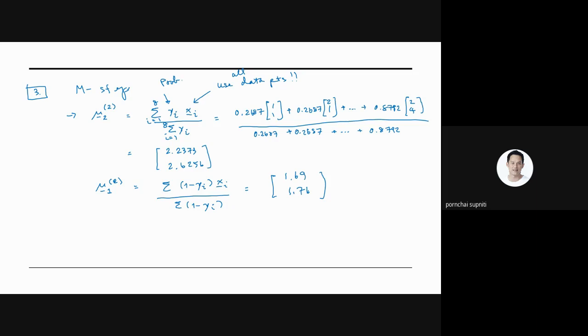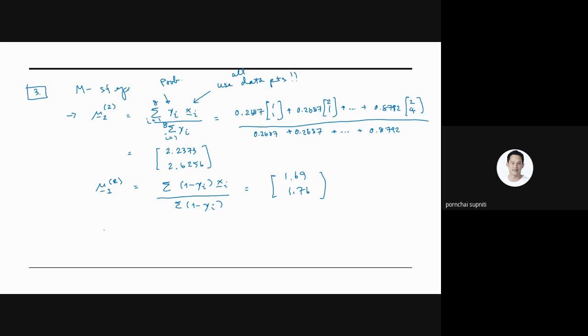So you see that for the mean, the centroid of cluster 2, it moves to a different position as in the k-means. For cluster 1, I think in the second iteration the centroid is moved to 1.5 and 1.5, right? But here it is moved to 1.69 and 1.76, right?